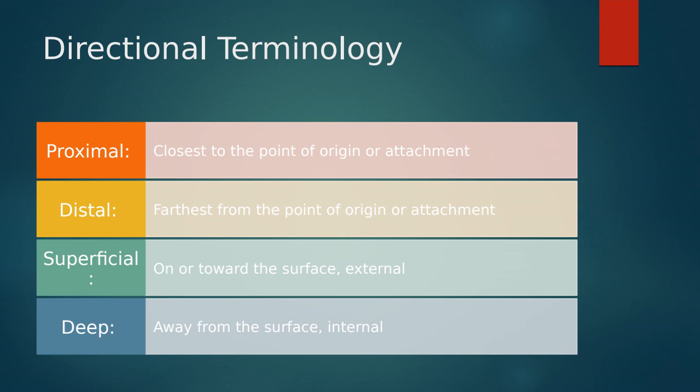Finishing up with our directional terminology, we have proximal and distal, and superficial and deep. Proximal is going to be the closest to the point of origin or attachment, and distal is going to be the furthest away. So let's think about our heart for a second. Our heart is responsible for sending out blood to the rest of our body, and it does so by arteries. So let's say that the heart is the point of origin.